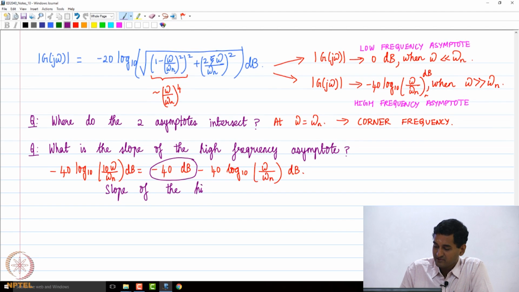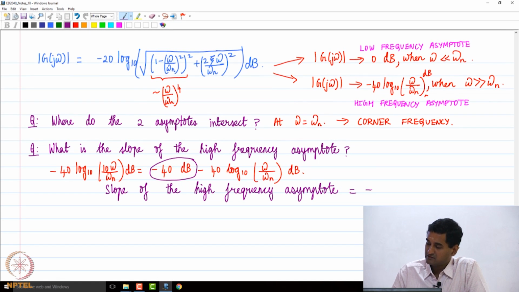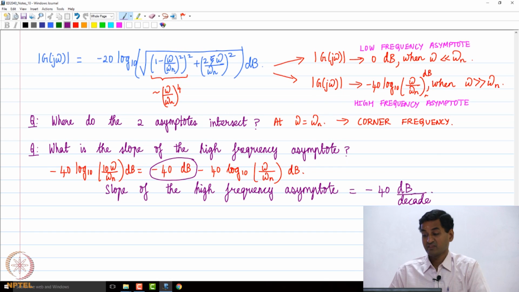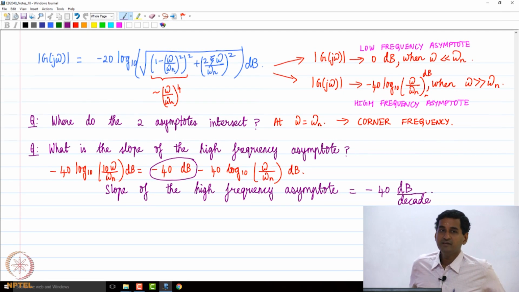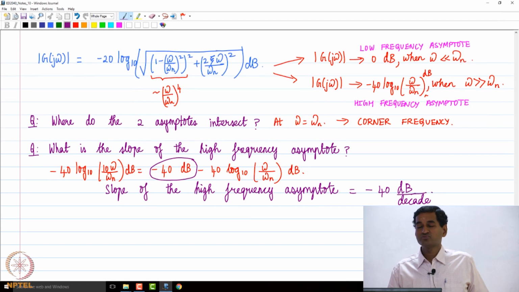Please note that the slope of the high frequency asymptote is minus 40 decibels per decade.